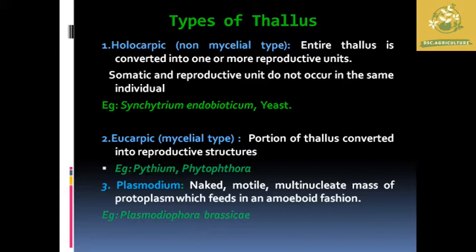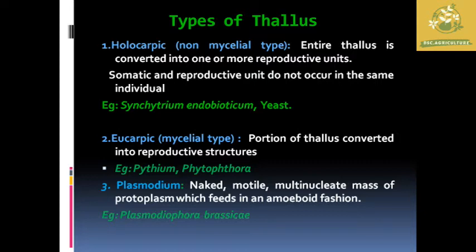The entire thallus is converted into one or more reproductive units. The somatic and the reproductive units do not occur separately. The example is Synchytrium endobioticum, which is also known as yeast.